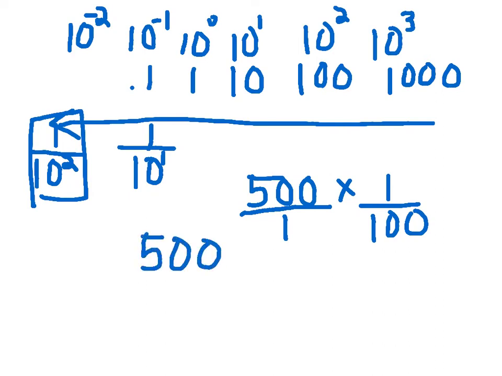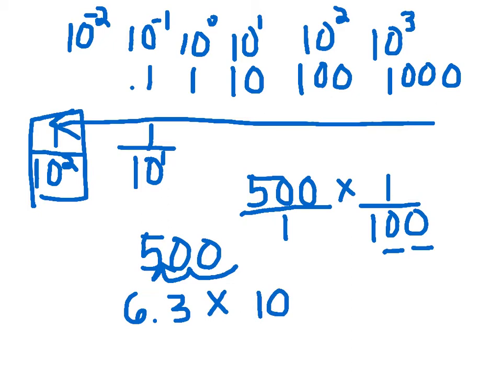So 500 divided by 100, I move my decimal point, but now it goes to the left 2 places. So similarly, if I want to say 6.3 times 10 to the negative 3rd, that's the same as 6.3 divided by 10 to the 3rd.